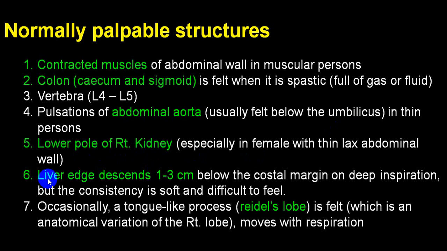Liver usually does not descend much below the right costal margin on a deep inspiration, but in a thin-built individual and also in a person with emphysema or right side pathophysiology like right side pneumothorax or push of diaphragm down.